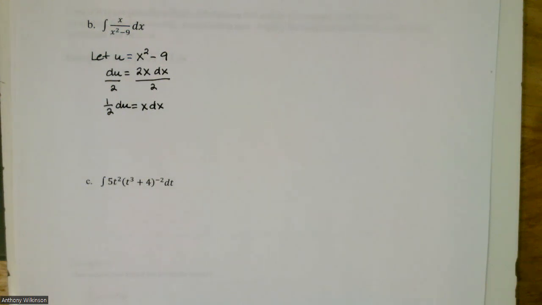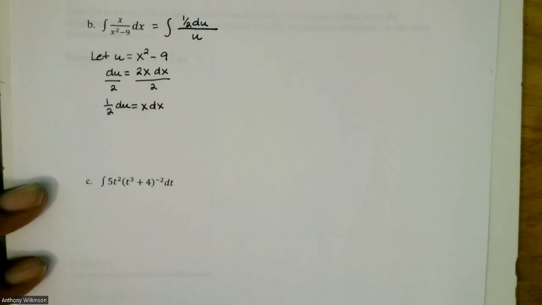Now let's go ahead and make the appropriate substitution here. So in this case, this would be the integral of x times dx, which would be that 1/2 du, divided by x squared minus 9, which is what u is. So I substitute everything so that way I have an integral in terms of u.